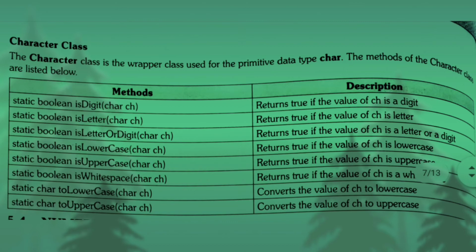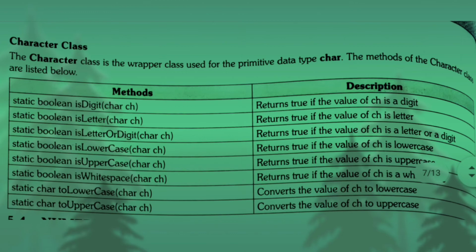So the first methods, they are testing functions. For example, isDigit will return you true if the argument is a digit, otherwise it will return false. Then we have isLetter. If the argument given to isLetter is a letter, then it will return true. If that argument is not a letter, then it will return false. Then we have isLetterOrDigit.